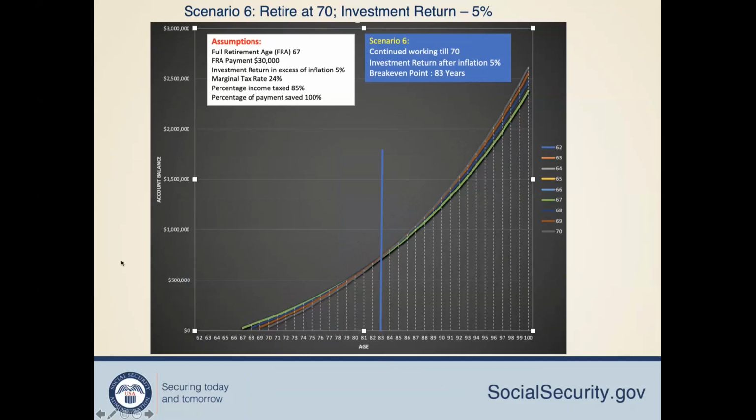In most of these cases, if you are working until 67 or 70, it is better to claim later, that means it is better to claim at 70, because most life expectancy calculations will be past 83. So theoretically it is better to start claiming at 70.